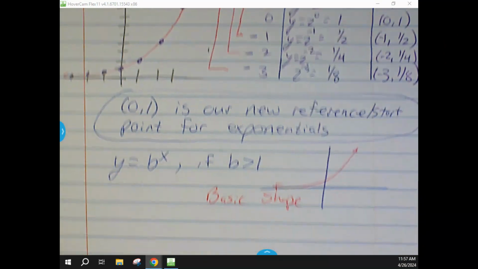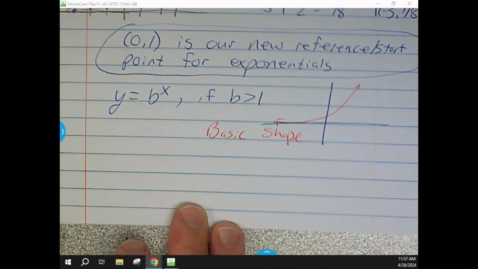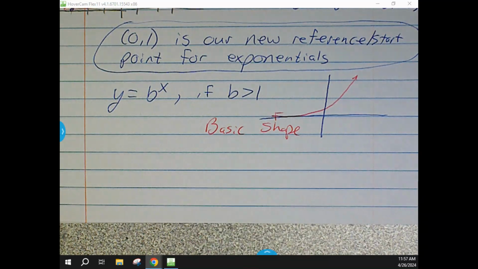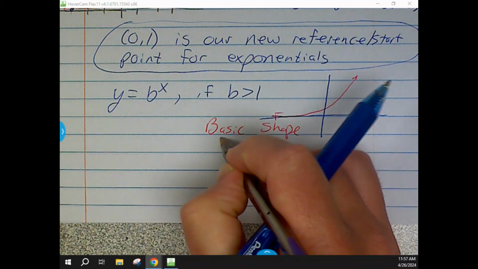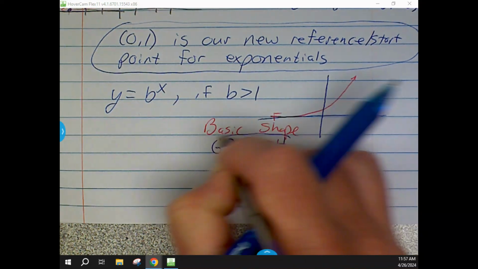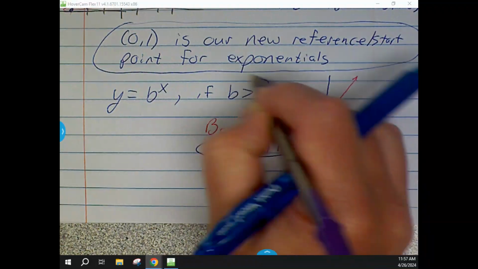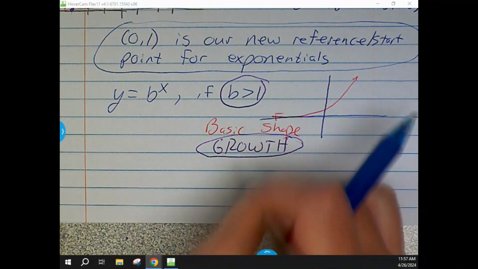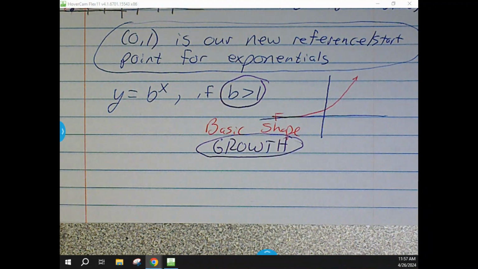Okay, and for that graph, if the base is bigger than 1, this is what they call exponential growth. So if your base is greater than 1, the graph looks like this. They call that exponential growth.